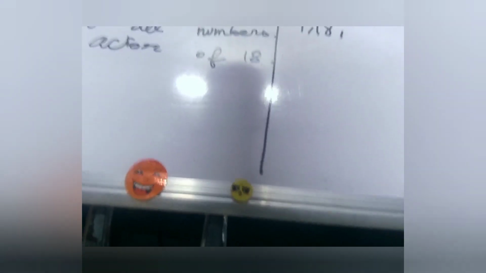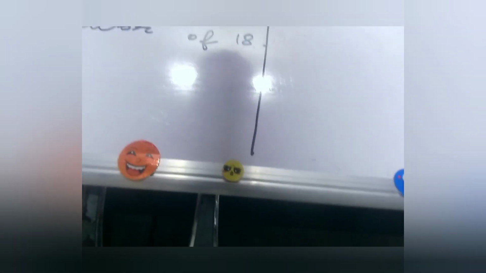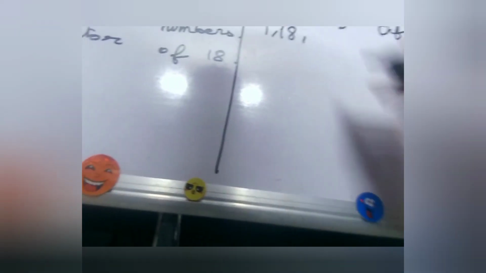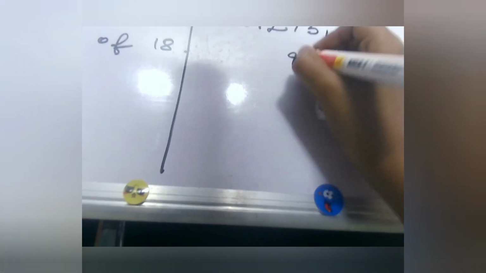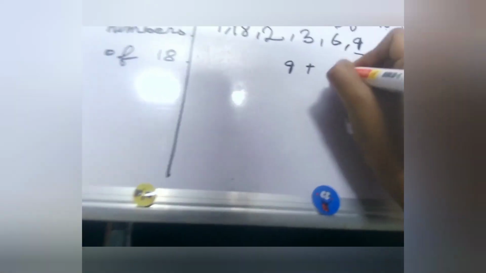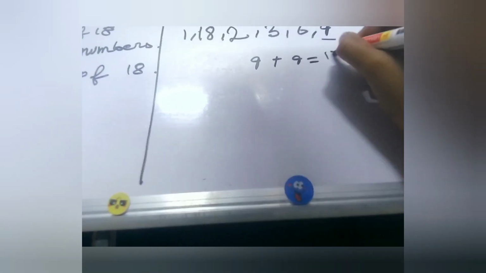So all the even numbers will have the factor 2. Then 3, yes. 4, no. 5, no. 6, yes. What about 7? No. 8, no. But 9, yes. So the number which you write at the last will be the half of 18. So 9 plus 9 equals 18.